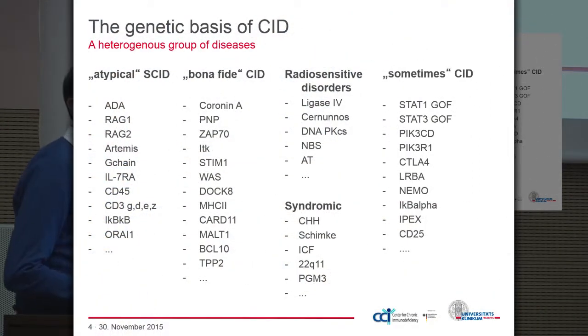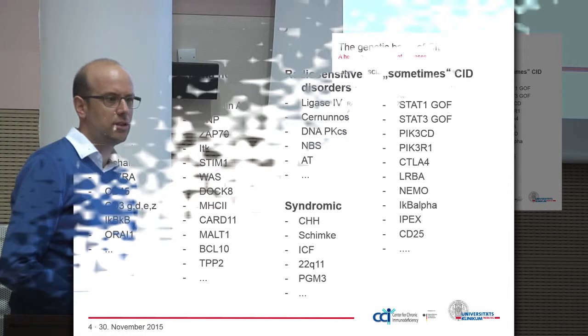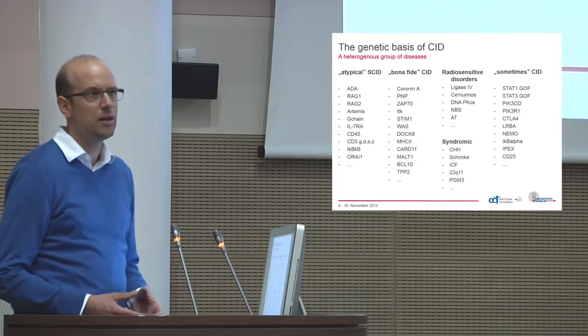The genetic basis for these non-SCID T-cell disorders is very broad. There are many diseases that contribute to this combined immune deficiency phenotype. On one side are those patients that do have mutations in SCID-causing genes, but are, for example, hypomorphic.